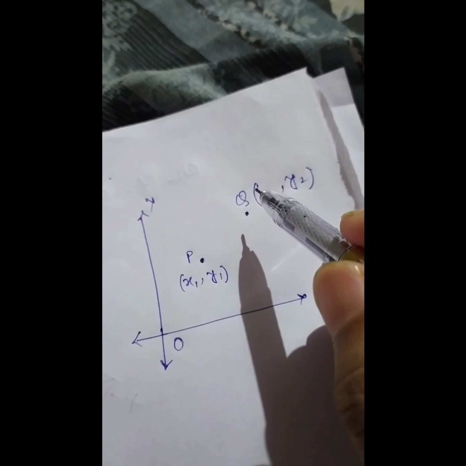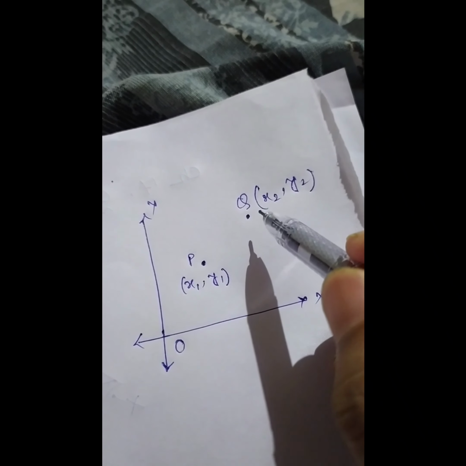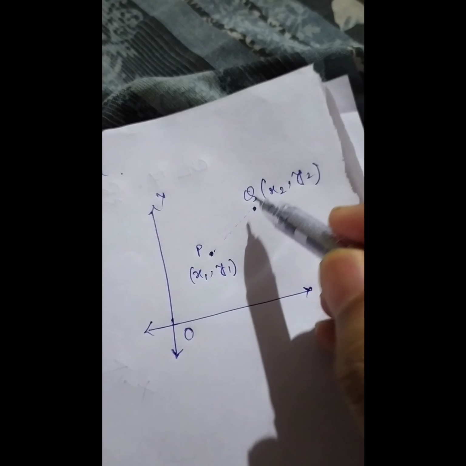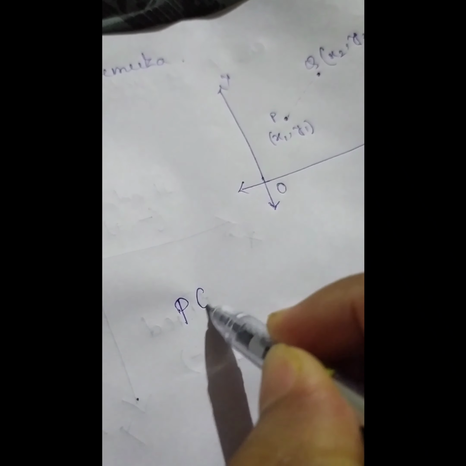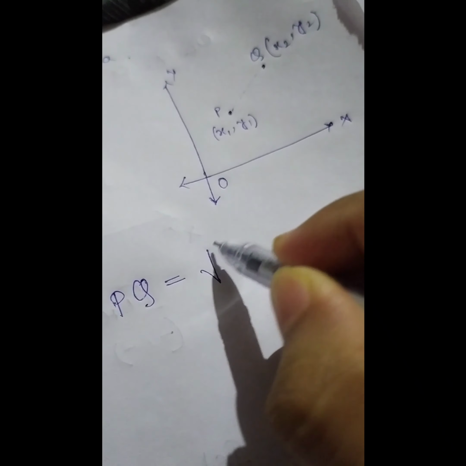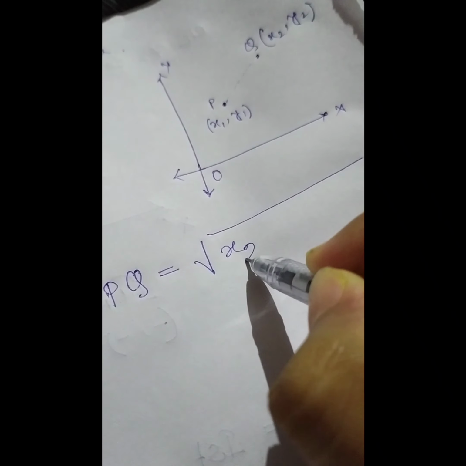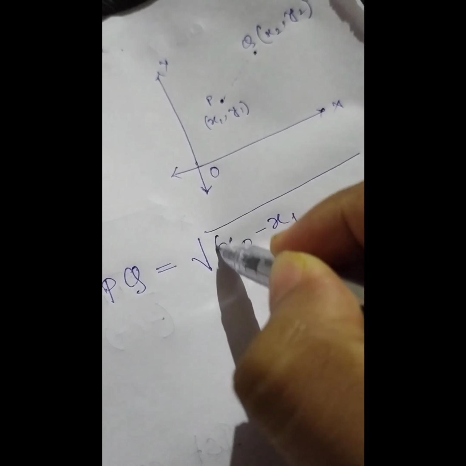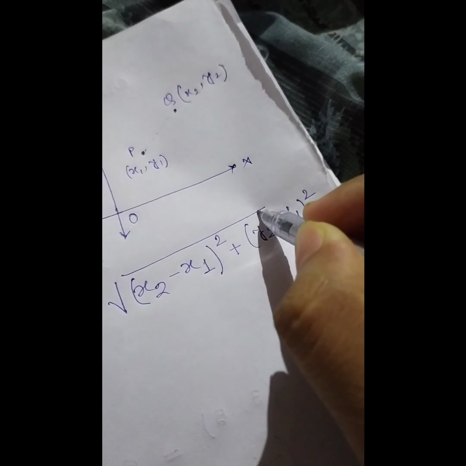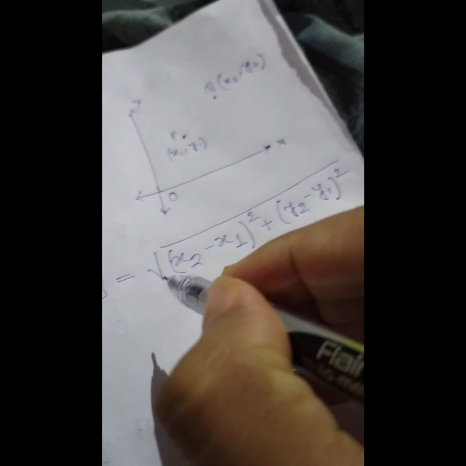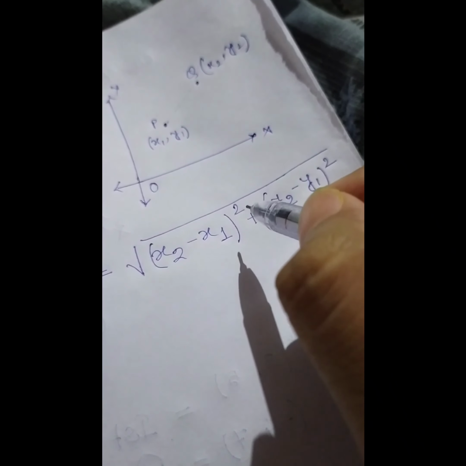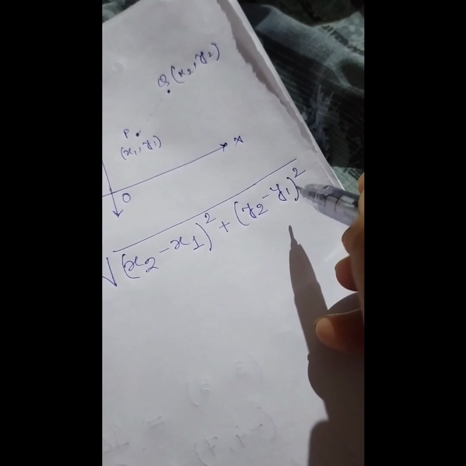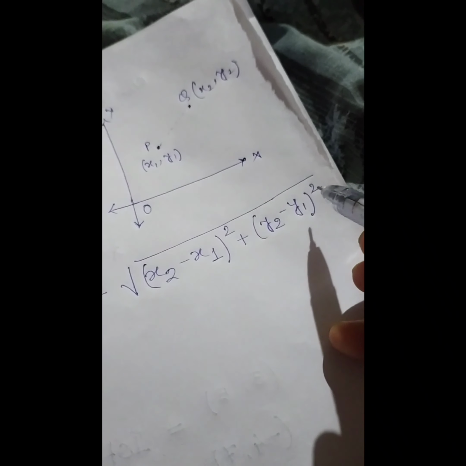Therefore, the distance between the points P and Q, that means this straight line PQ, is measured by this formula: PQ is equal to the square root of (x2 minus x1) whole squared plus (y2 minus y1) whole squared. This formula is called the distance formula.